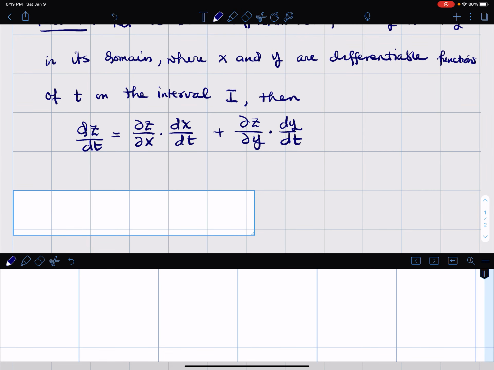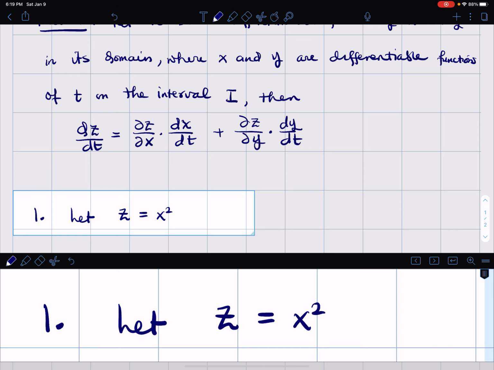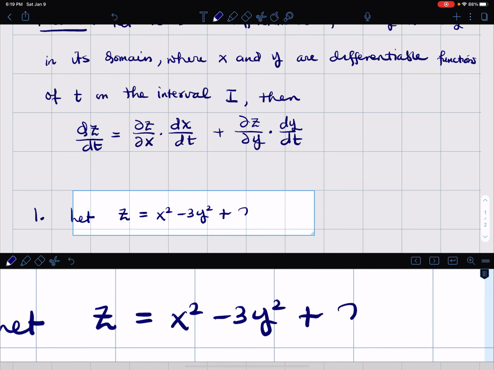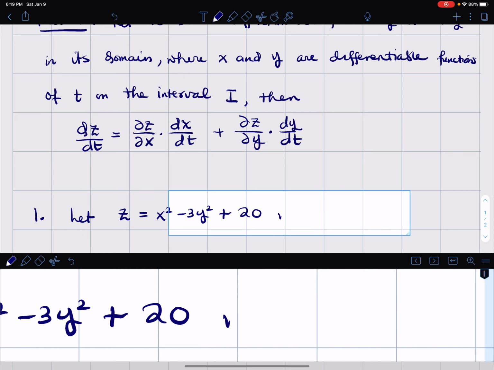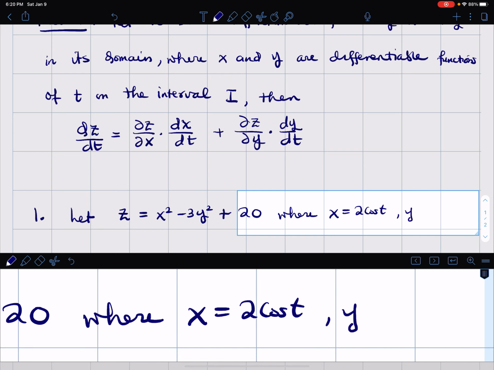So let's look at some examples. Let's look at this problem. Let z be equal to x squared minus 3y squared plus 20, where x is equal to 2 cosine t and y is equal to 2 sine t.